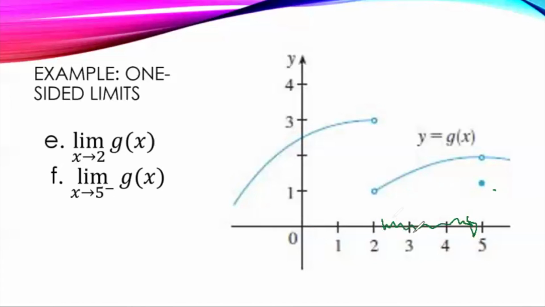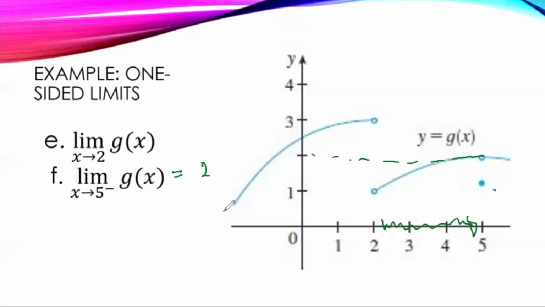So we have a graph formed. Where does it approach? Here, we will just put that this is 2. Assuming that this is 2, as x approaches 5 from the left, the limit is 2.